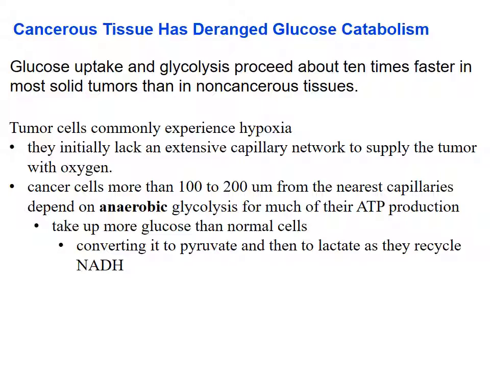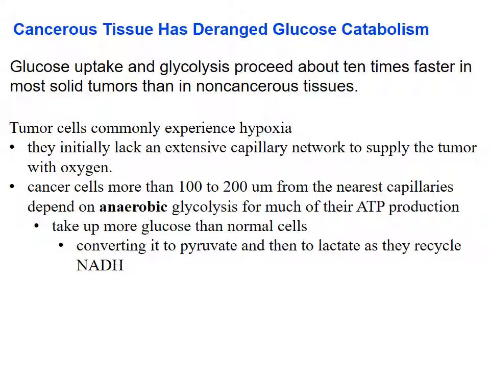The cells need to have a certain amount of ATP. If they cannot do it through the electron transport chain, then the cell has to go through anaerobic glycolysis, and that requires a lot more sugar. That also results in excessive production of pyruvate, and subsequently pyruvate is turned into lactic acid to recycle NADH.